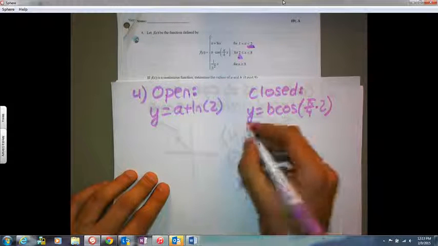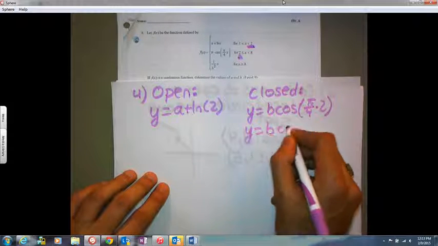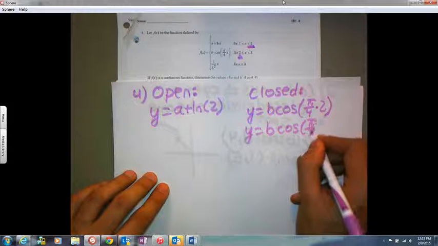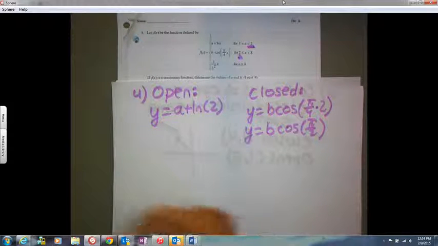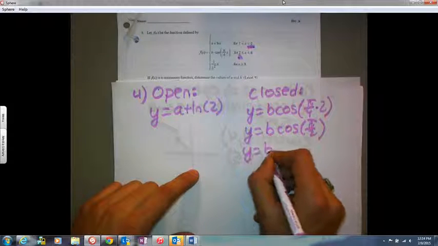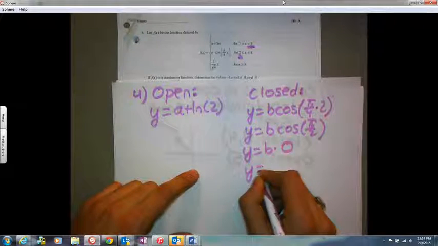So y equals b cosine of pi over 2. What is the cosine of pi over 2? 0. So the cosine of pi over 2 is 0. Pi over 2 is at the top of the circle.